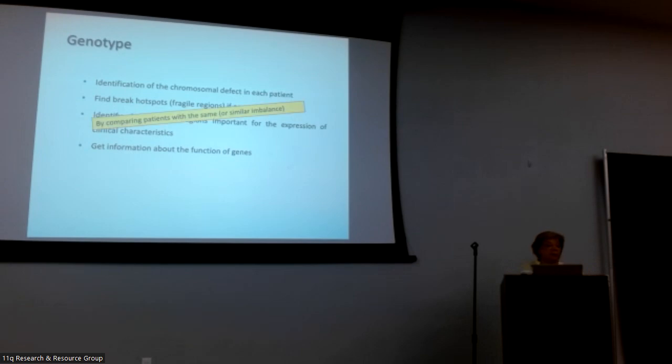Again, by comparing patients with the same or similar imbalance. In Jacobsen, this is possible because children have a deletion that includes a common region. There is a region that is deleted in all patients with Jacobsen.